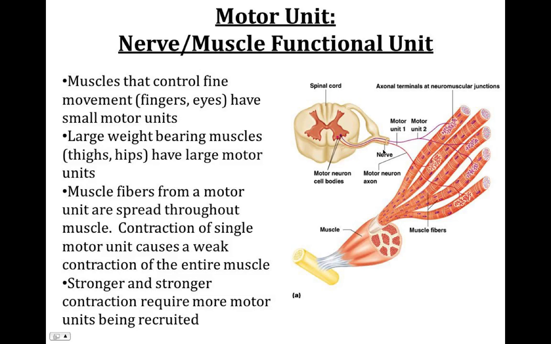But each motor neuron, motor refers to it's going to a muscle, because it's going to move that muscle. Remember we said muscle without the nervous system going to it is just dead meat. One of the properties of muscle tissue, it's excitable. Who makes it excitable? Well, it's responding to the nervous system stimulation.